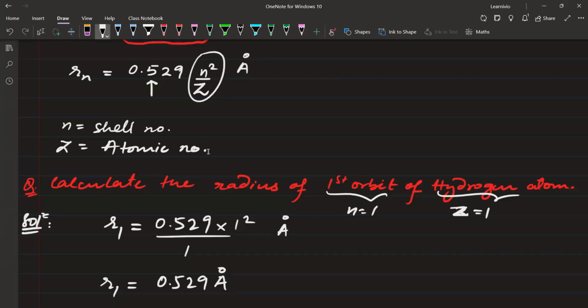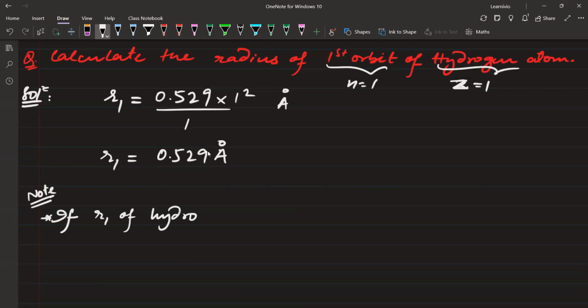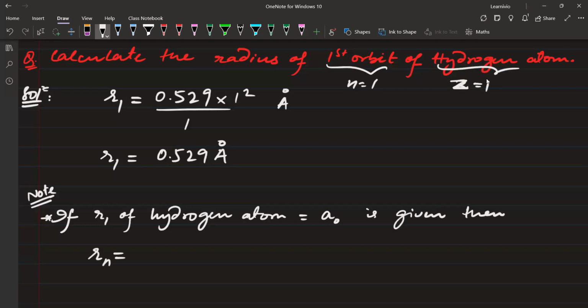Now the important fact is, if R1 of hydrogen atom is equal to A naught, or you can call it A, is given, then we can say the radius of the nth orbit of any atom is equal to A naught into n square upon z.